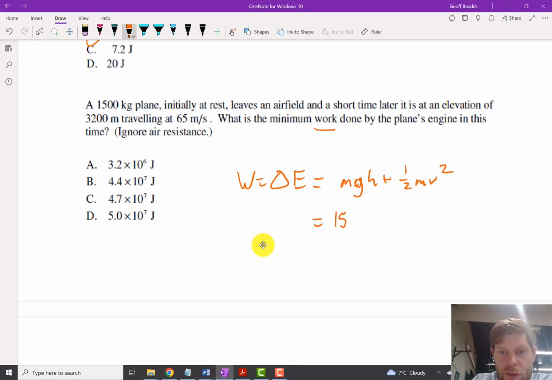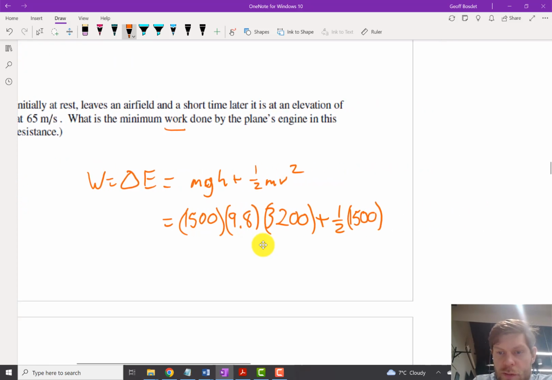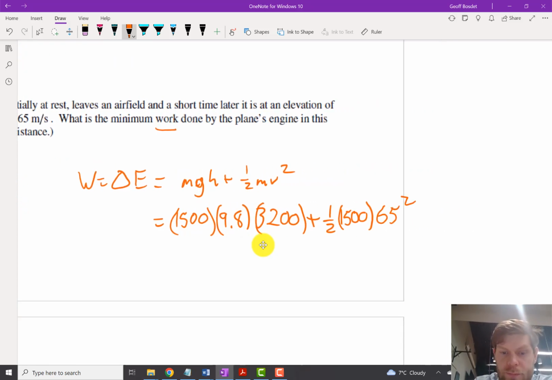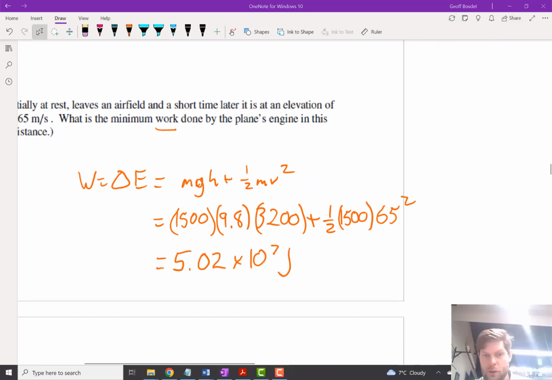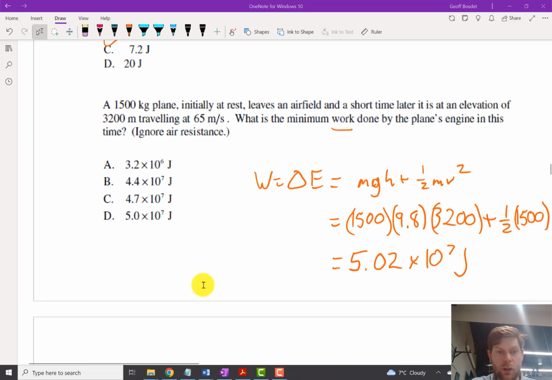So that's just equal to 1,500 times 9.8 times 3,200 plus 1/2 1,500 times 65 squared. And after using my calculator, I get this, which is right here.